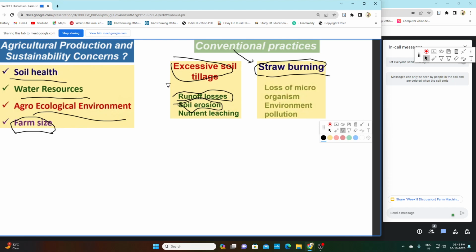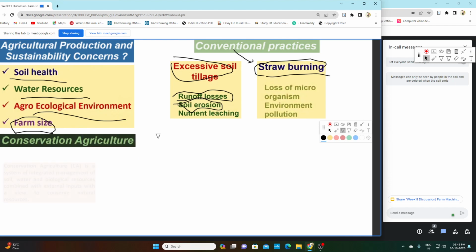Excessive soil tillage leads to runoff losses, soil erosion and nutrient leaching. Straw burning leads to loss of microorganisms from the soil, and it leads to environmental pollution, because you are burning the straw.